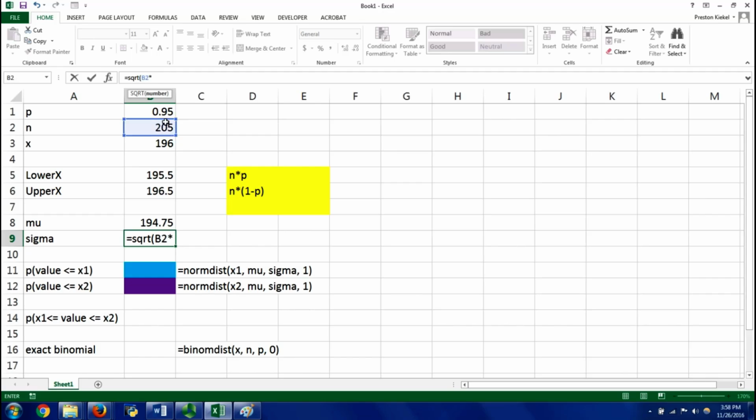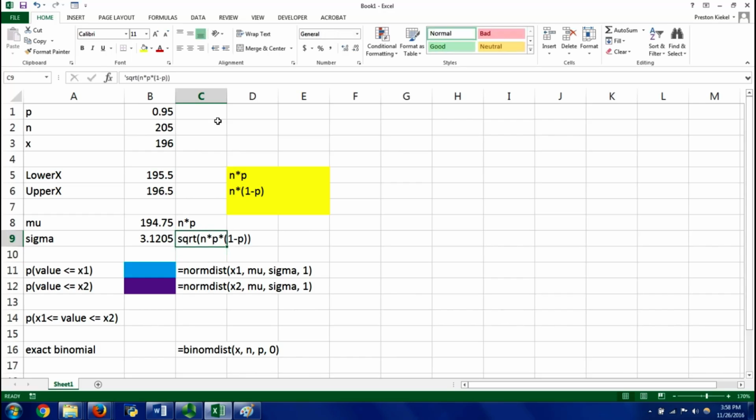Rather than q, I'm going to use open paren 1 minus p, which is 0.05, close it off, hit enter. I'll put this here for reference: square root n times p times q, or 1 minus p. Okay, so that is what we're dealing with.